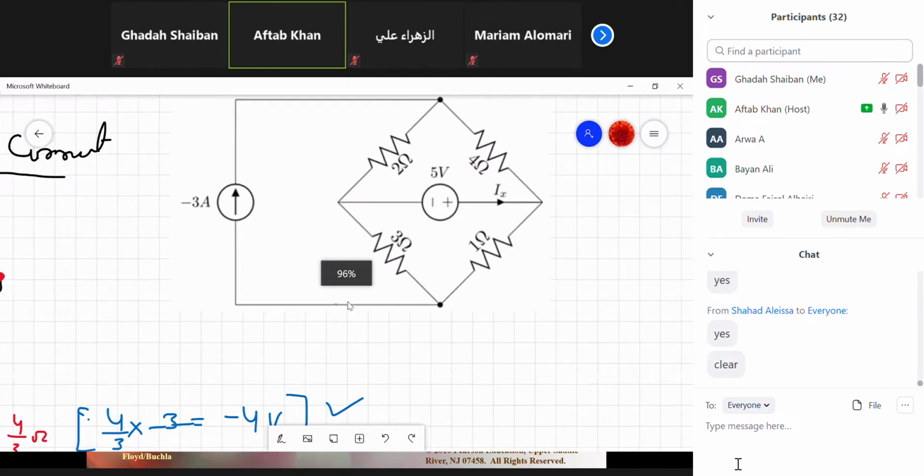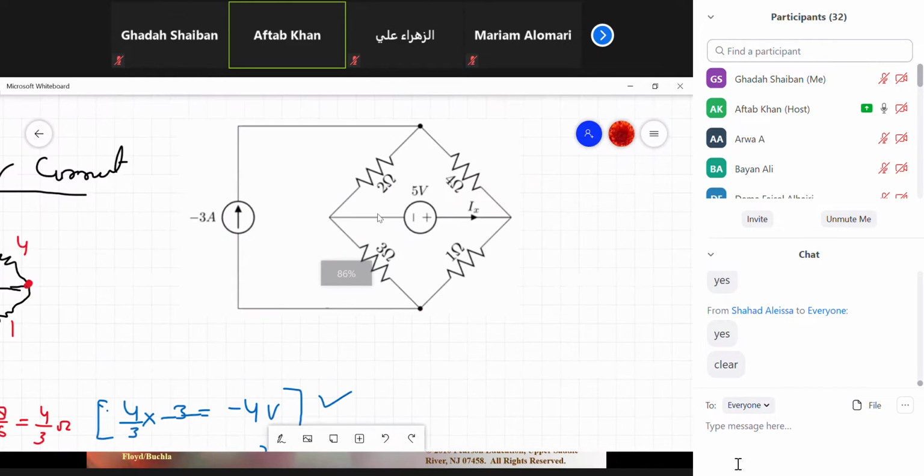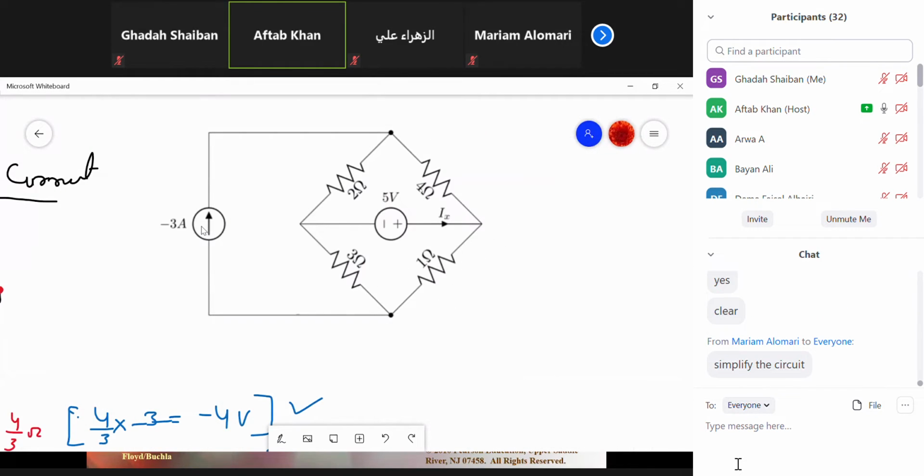Here we need to calculate this Ix. So we need to consider the circuit one source at a time. Let's suppose first we are considering the voltage source. Then the current source is going to be an open circuit. We need to open it.